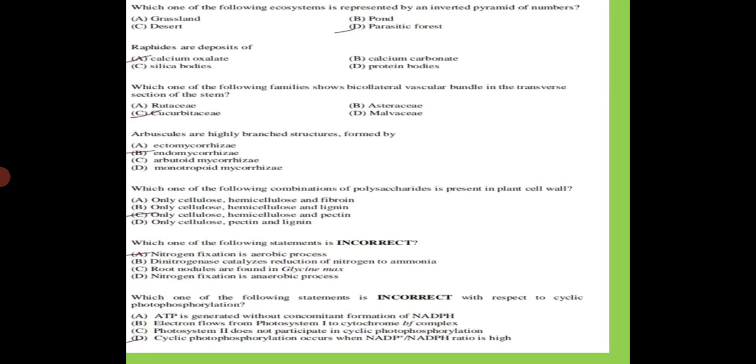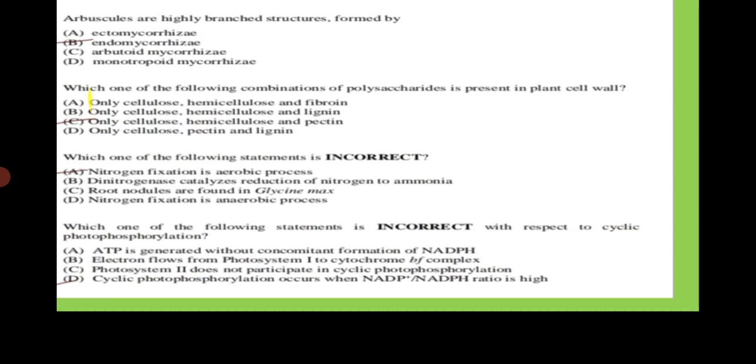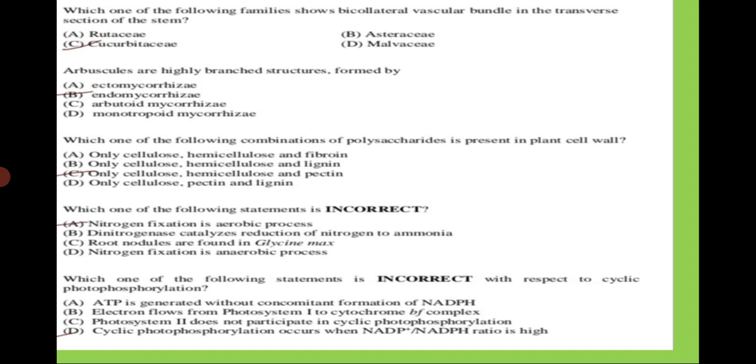So here in this question, the question asked is the incorrect statement. Statement A: ATP is generated without concomitant formation of NADPH. It is a correct statement. In cyclic photophosphorylation, only ATP is produced, no NADPH is produced. Statement B: Electron flows from photosystem first to the cytochrome b6f complex. It is a correct statement.